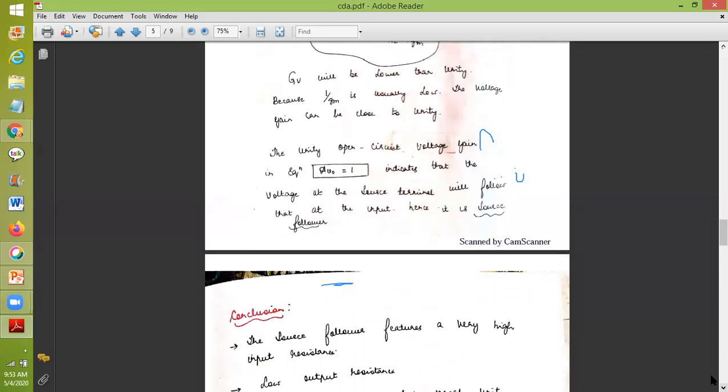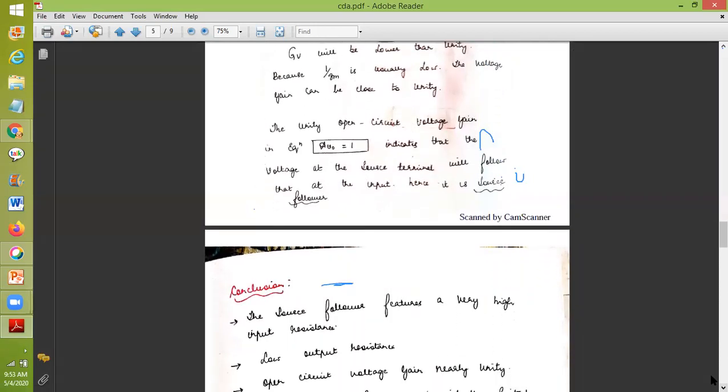The open circuit voltage gain is unity. So since the open circuit voltage gain AV and GV are all equal to unity, we call it a source follower.